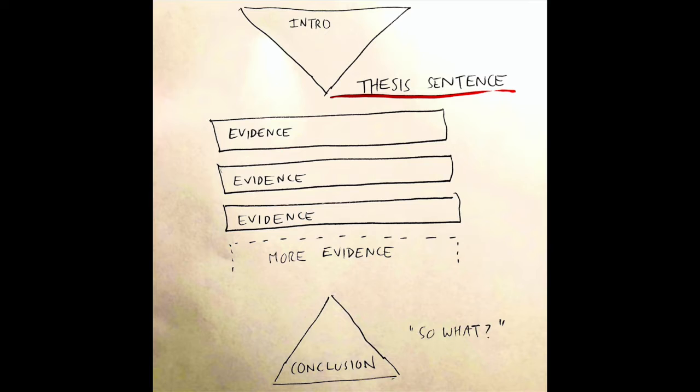This 5 paragraph total idea is really just a guideline, and you don't want to have less than 3. Right? Because 1 or 2 paragraphs of evidence for a thesis sentence is pretty flimsy. We can all sort of intuitively sense that that's not quite enough, right? But having more than 3 is fine.